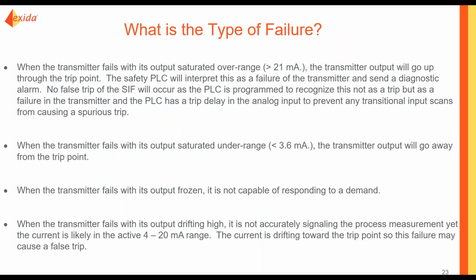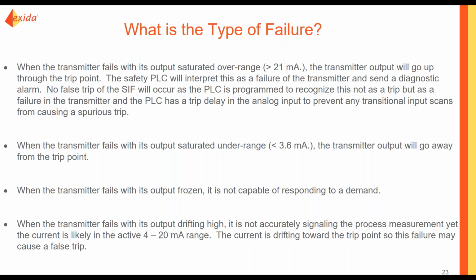So the first instance is when the transmitter fails with its output saturated over the 21 milliamp range. The transmitter output will go up through the trip point. The safety PLC will interpret this as a failure of the transmitter and send a diagnostic alarm.